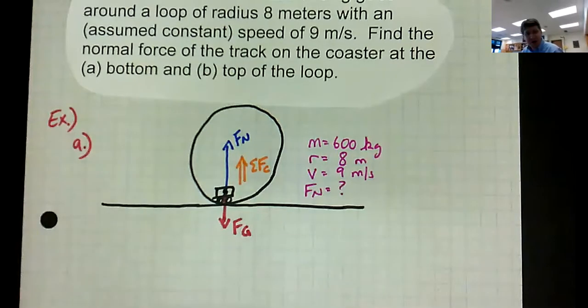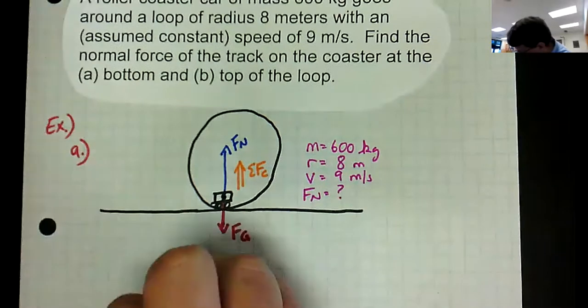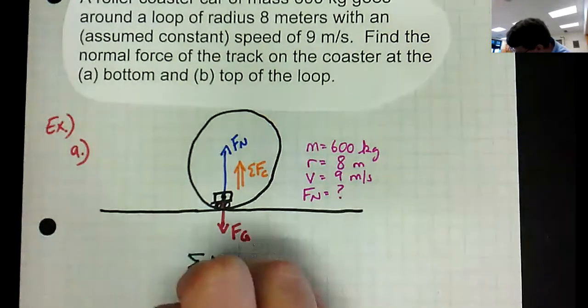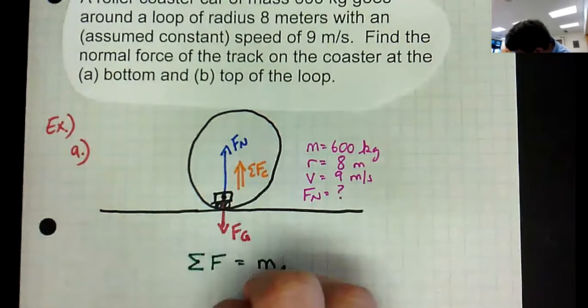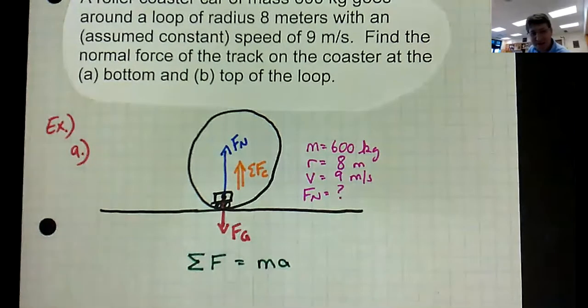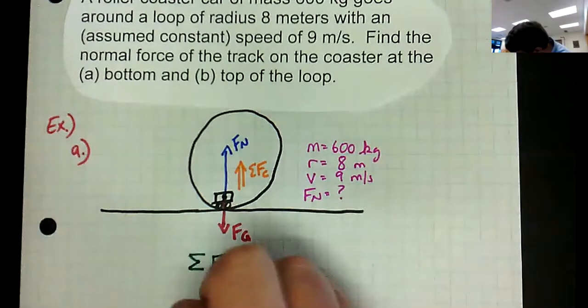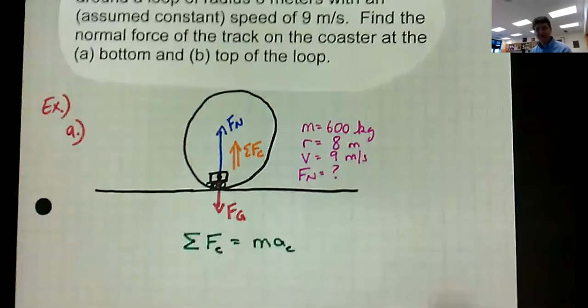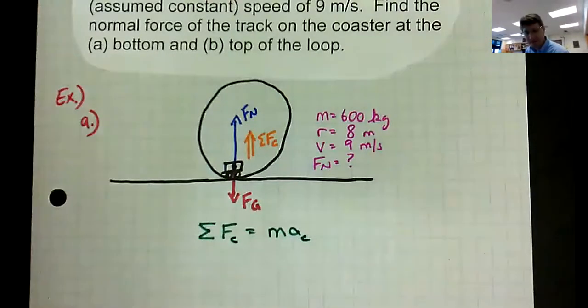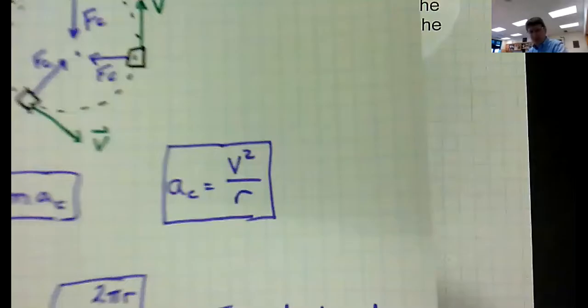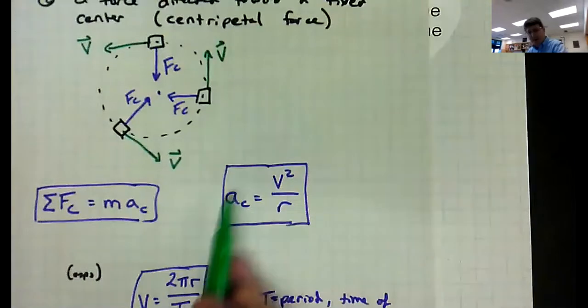Here's what we're going to do. We're going to start this very similar to how we started things in last chapter. Remember we started with this equation. The only thing I'm going to change about that is we're going to specifically indicate that we're talking about centripetal forces and centripetal accelerations. And if you recall from notes from last time, we know what the centripetal acceleration is.